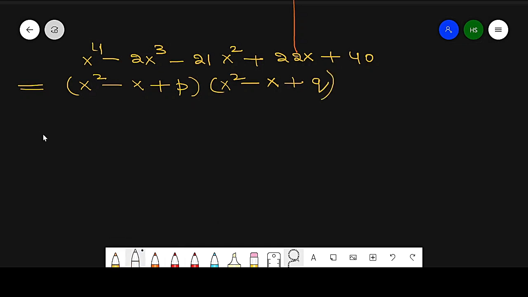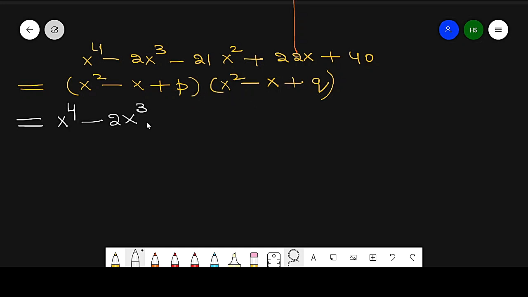Now simplify this equation. So we get x raised to power 4, and then if we are taking x raised to power 3, this into this gives minus x cube. If we multiply this and this, again minus x cube, so this will become minus 2x cube.